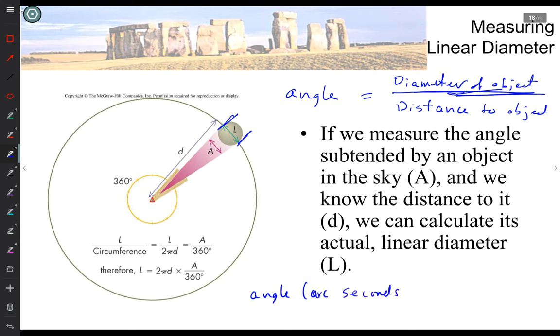And so we have this equation here, but if we want an angle in arc seconds, then the angle in arc seconds is equal to the diameter of the object divided by the distance to the object. And then we have to have the conversion factor for using arc seconds, which is one over 206,265.